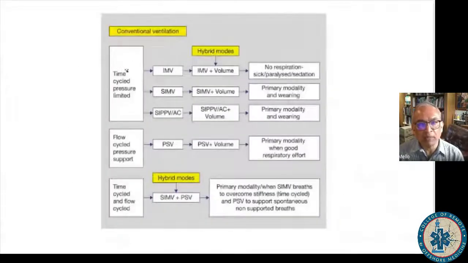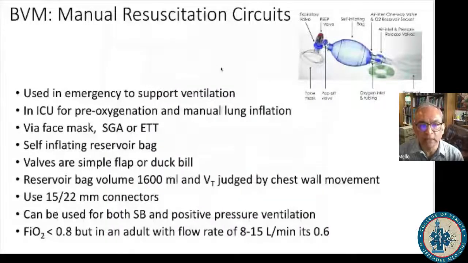And for your information, I've tried to give you an overview of conventional ventilation and also those of hybrid modes when you do your placement on intensive care. So let's go back to basics. The bag valve mask is familiar to you all.